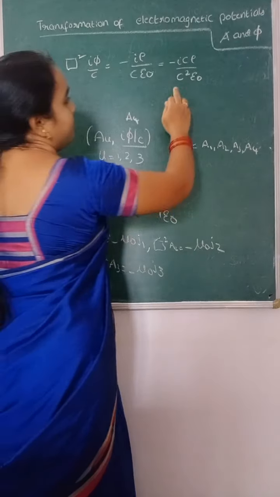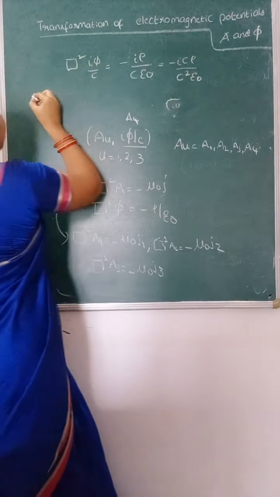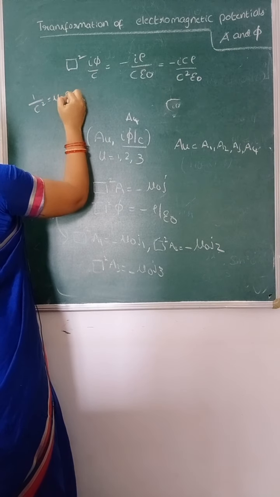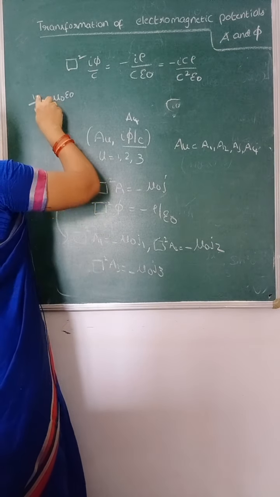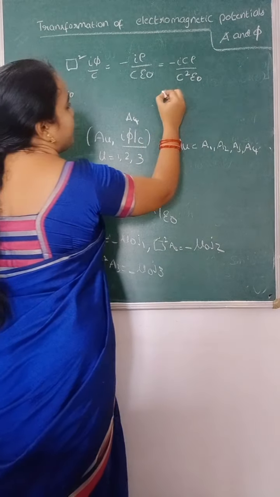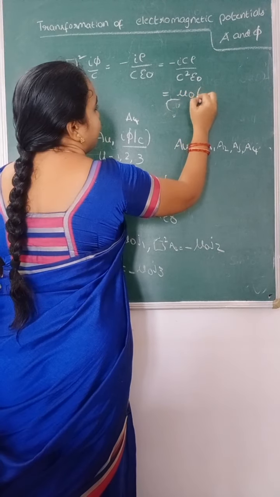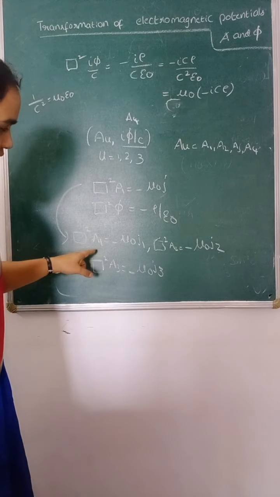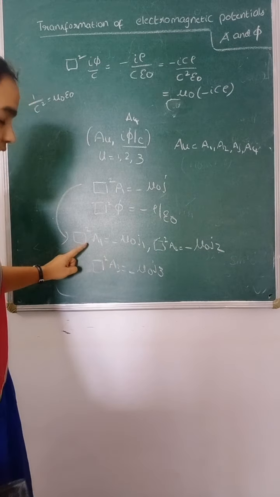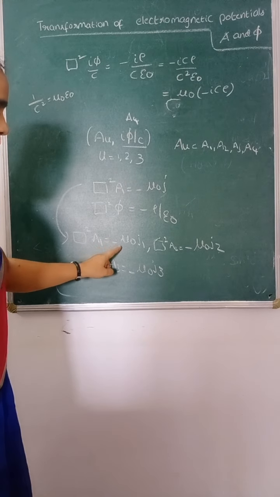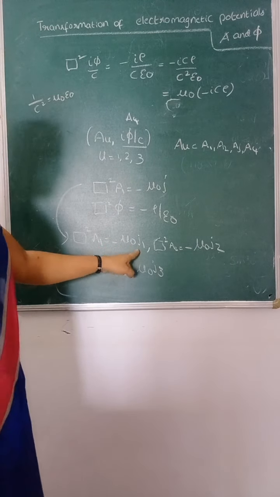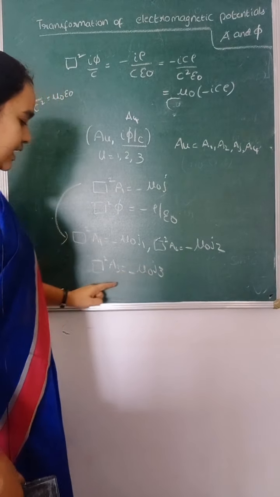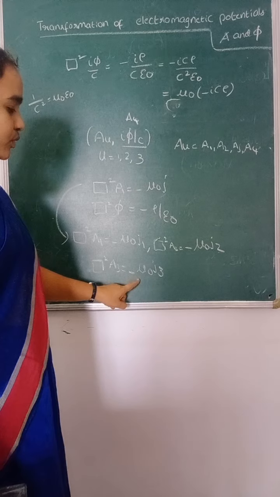What is the value of c squared epsilon naught? 1 by c squared is equal to mu naught epsilon naught. So 1 by c squared epsilon naught is mu naught into minus i c rho. Here, if you observe these equations: del squared A1 is equal to minus mu naught J1, del squared A2 is equal to minus mu naught J2, del squared A3 is equal to minus mu naught J3.